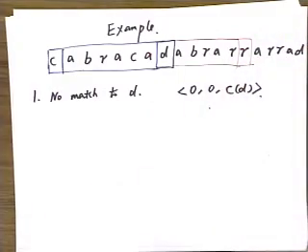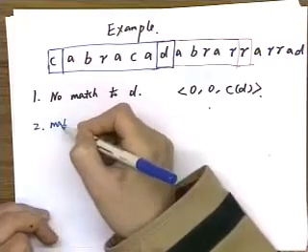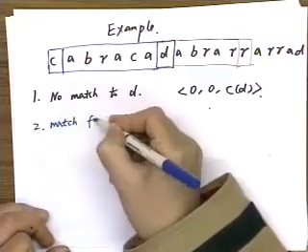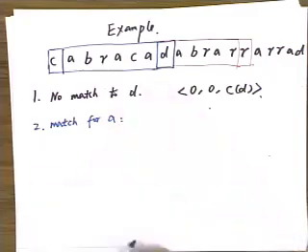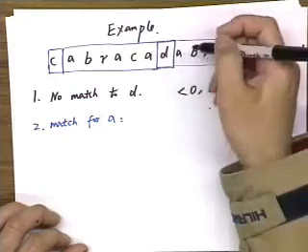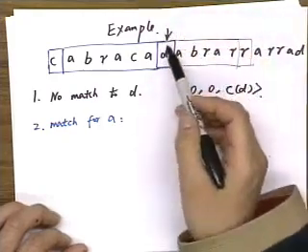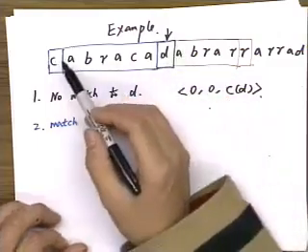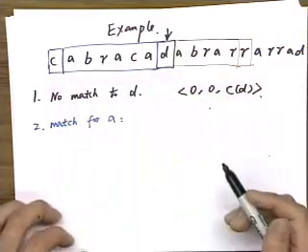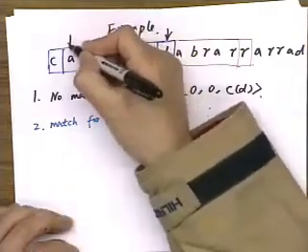Here we meet one common case, which is that we have a match for A. Actually, we have several matches for A here. As I have explained, we move the match pointer back from the end of the search buffer to the head of the search buffer to find the longest match. In this case, the longest match is here.